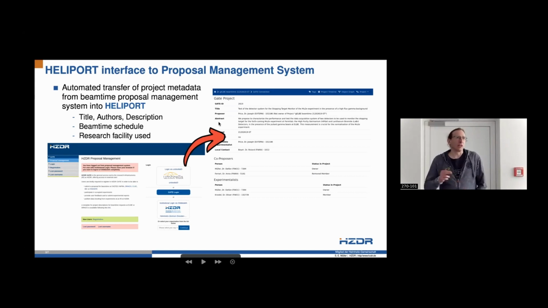So you just connect from your HELIPORT project and link your GATE proposal project, and then it's automatically imported: who was the proposer, the co-proposers, a list of experimentalists, the abstract and so on. So you don't need to type this in twice. And then of course you can add more people and more things.